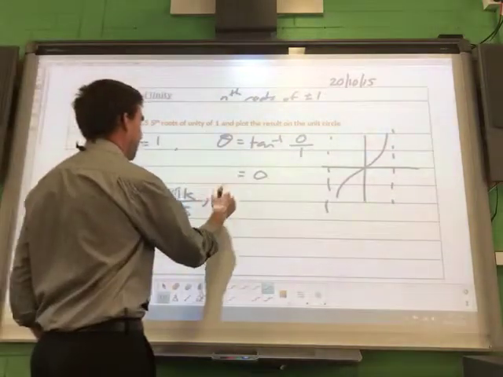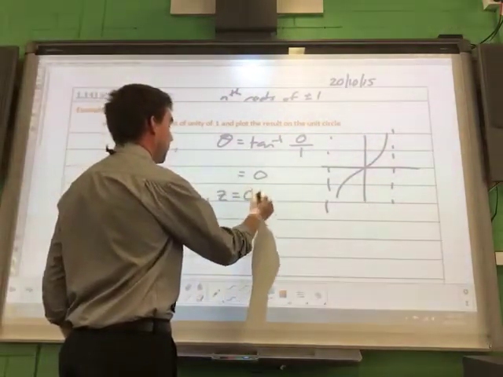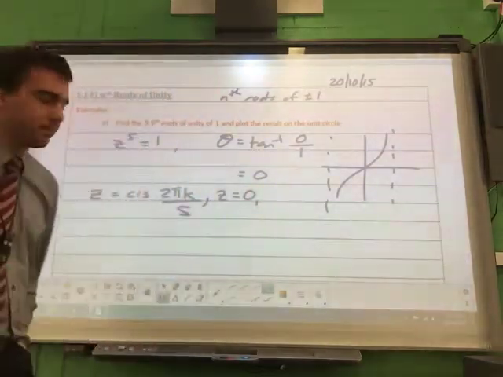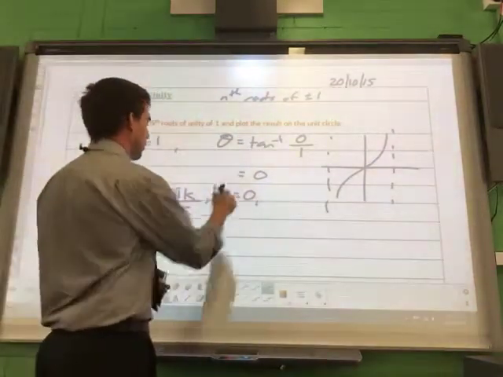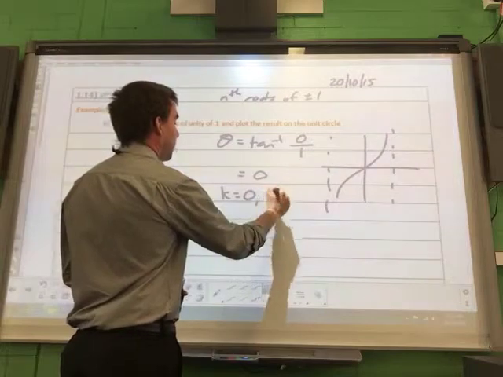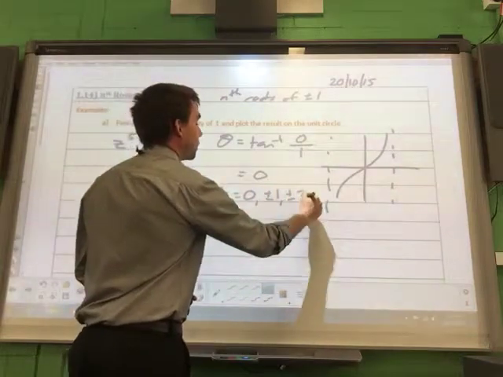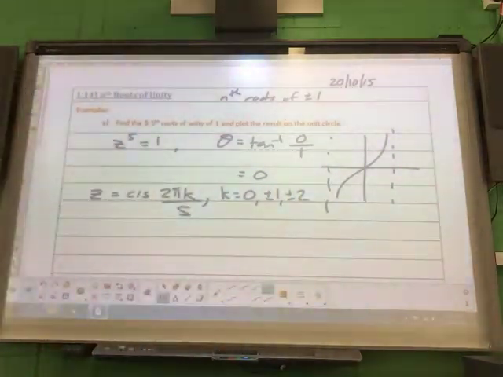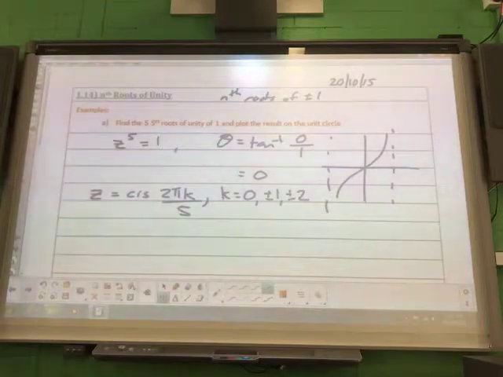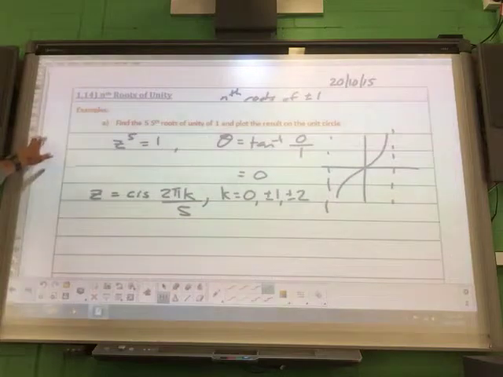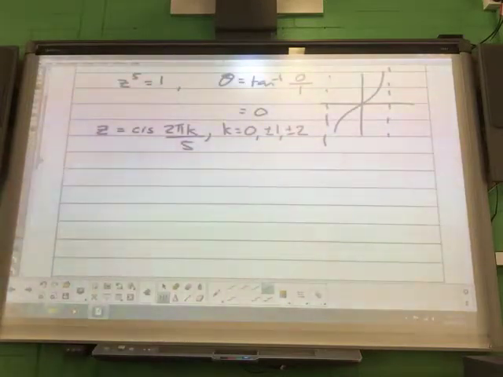Now, k is 0, plus or minus 1, and plus or minus 2, because our complex solutions occur in conjugate pairs. So I can use this technique here.